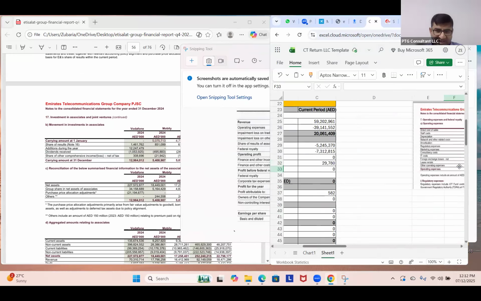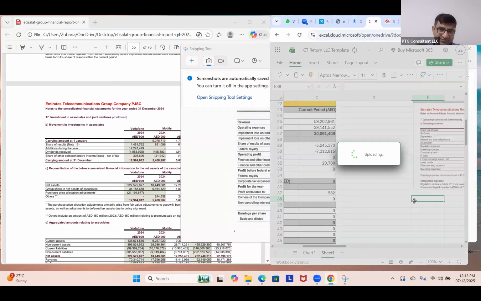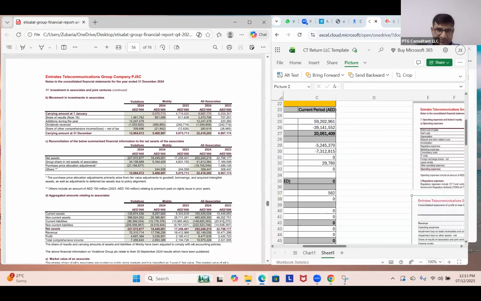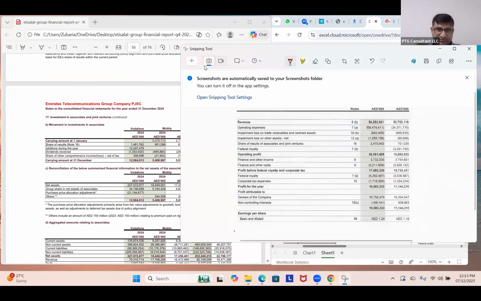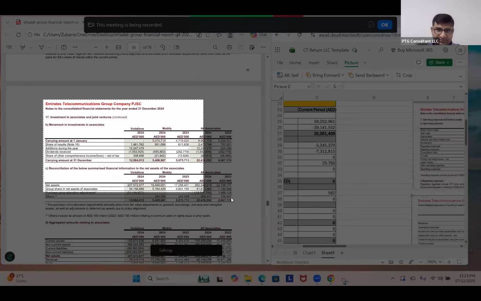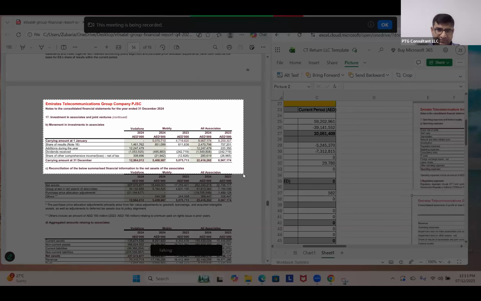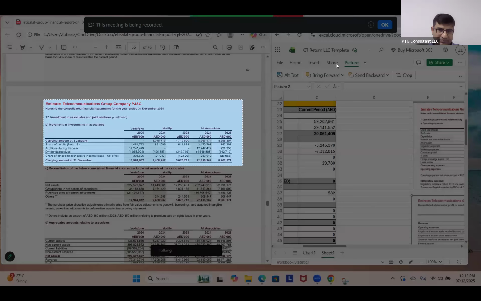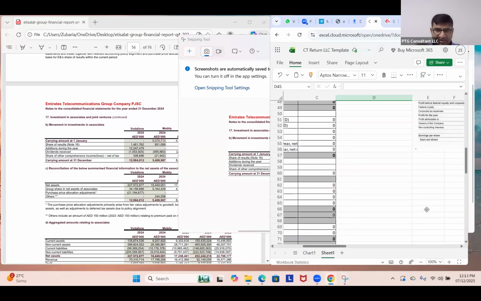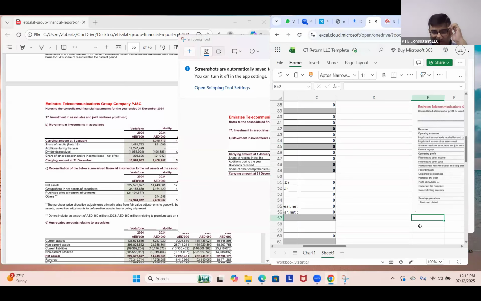Because why we are taking the screenshot: at the end we need this information again to calculate the balancing figures. I appreciate it, I hope other participants are also doing the same way.